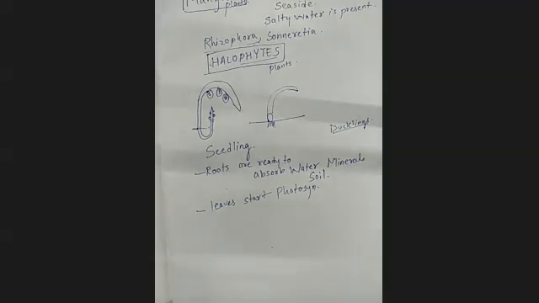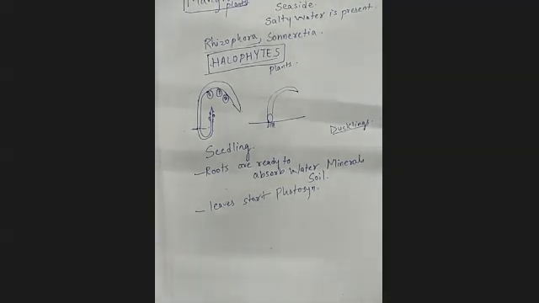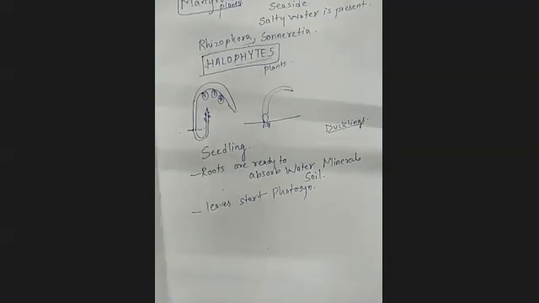Okay. So let's see, as we know, just wait for a minute, you are done with the cell, tissues, flowers, pollination and fertilization. And today we have completed seeds also.